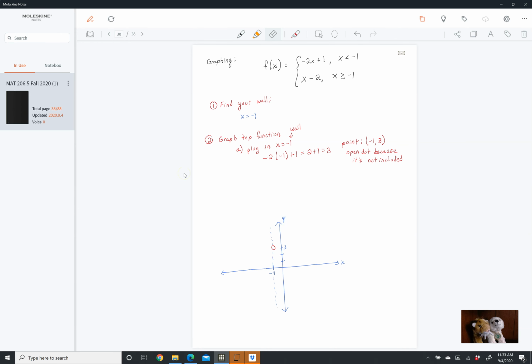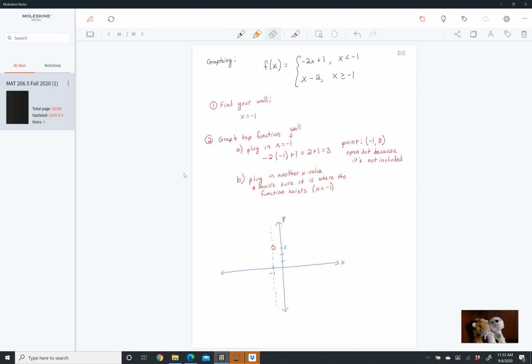Okay, now that we've plotted one point, we're going to plug in an x value, and you're going to make sure it's where the function exists. So in this particular case, you have to plug in a point that's less than negative 1.